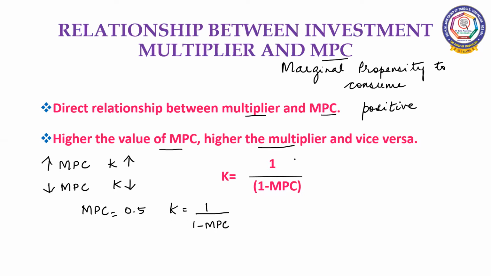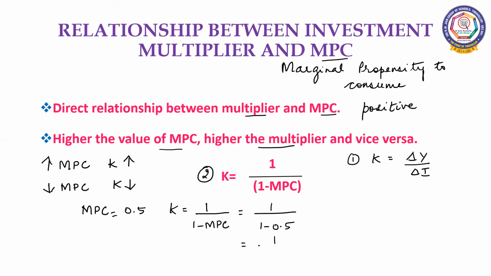The first formula that I have given you is K is equal to delta Y by delta I. And this is the second formula in relation to MPC. So let us now calculate using the second formula. Multiplier is equal to 1 by 1 minus MPC, 1 by 1 minus 0.5.